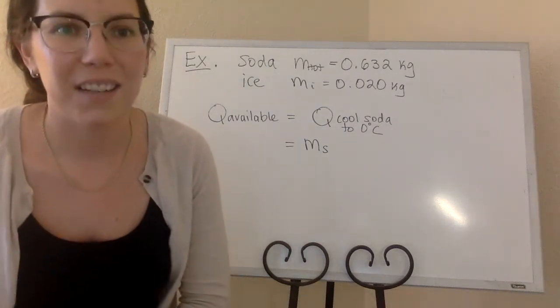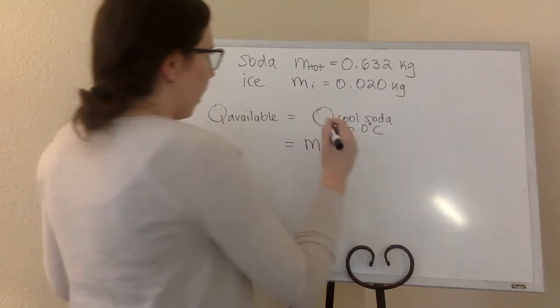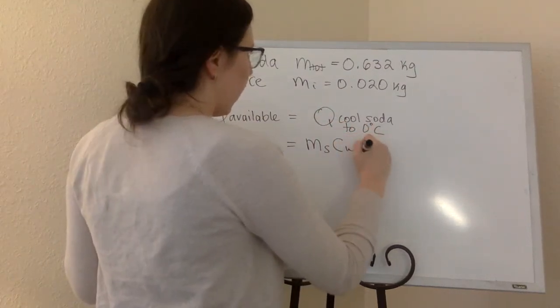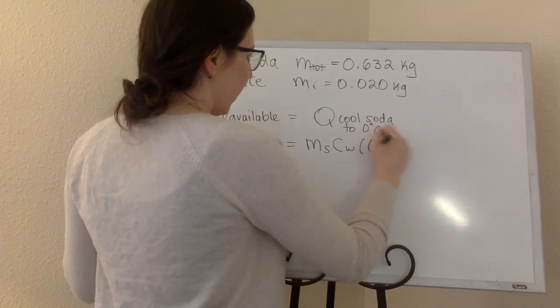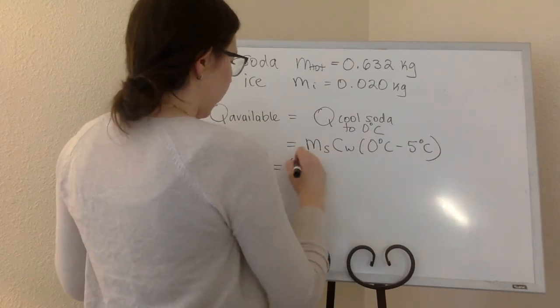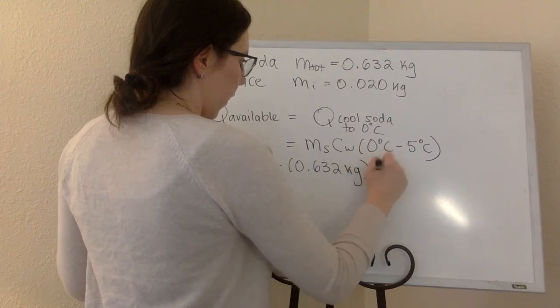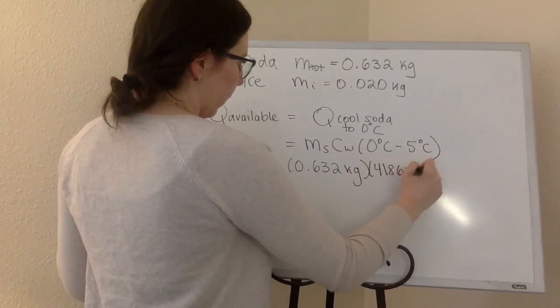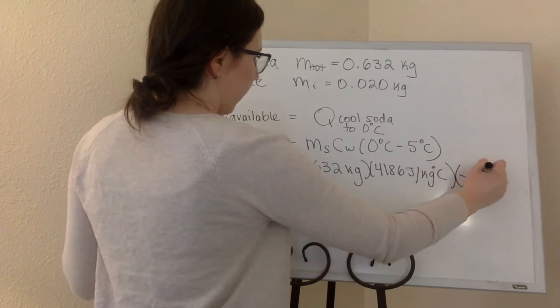So now there's extra liquid or water in that soda mixture. MS, seawater, going from 5 to 0 degrees. So 0 degrees minus 5. 0.632 kilograms, 4,186 joules per kilogram degrees Celsius times minus 5.